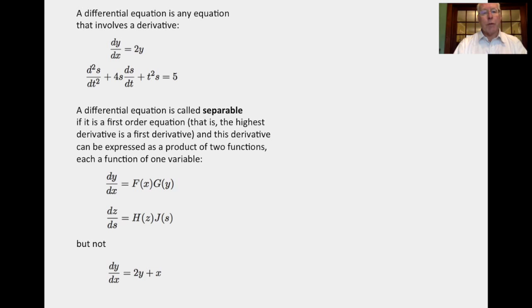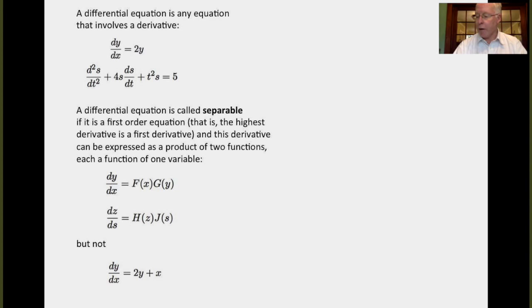We're going to study separable differential equations. An equation is called separable if it is of first order, that is, the highest derivative that appears in the equation is a first derivative, and this derivative can be expressed, usually on the right-hand side of the equation, as a product of two functions, each a function of one single variable. So separable equations will typically look like this.